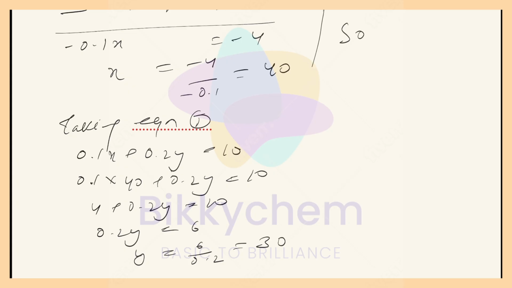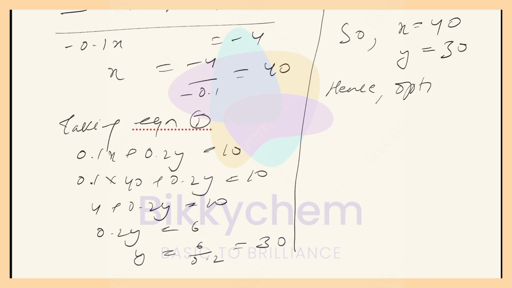So x equals 40, y equals 30, hence option A is the right one.